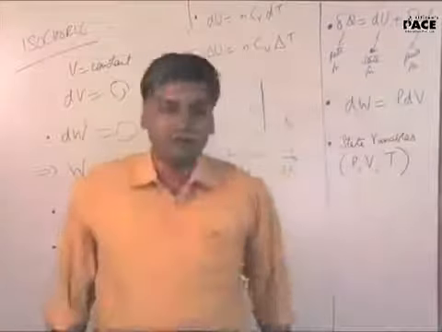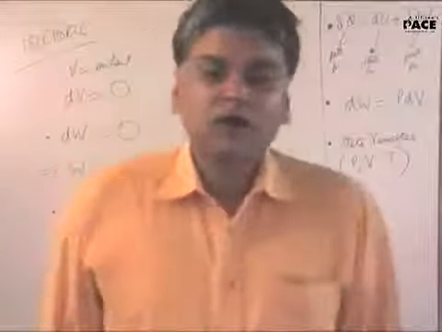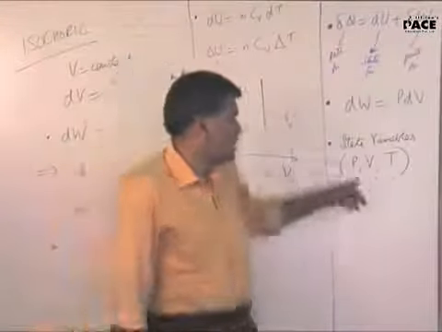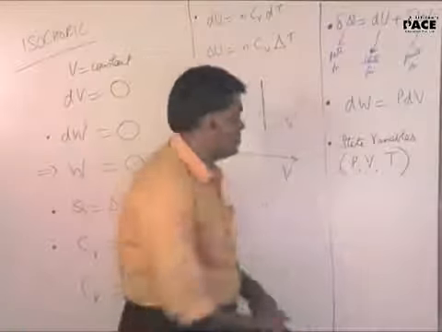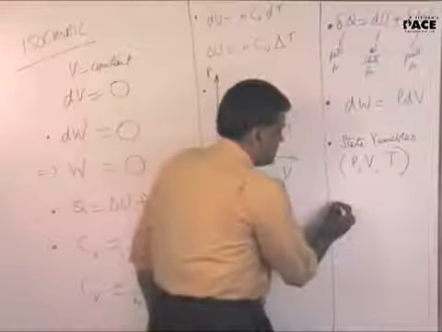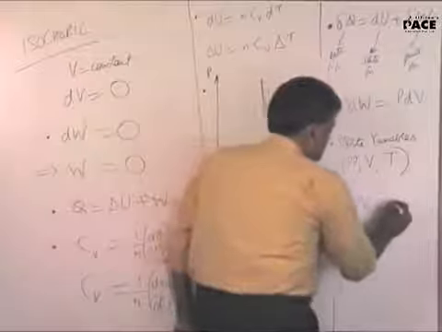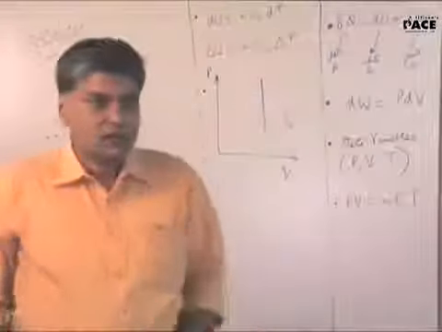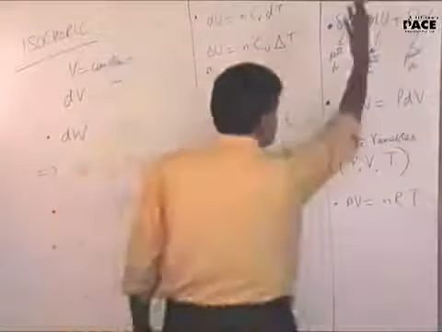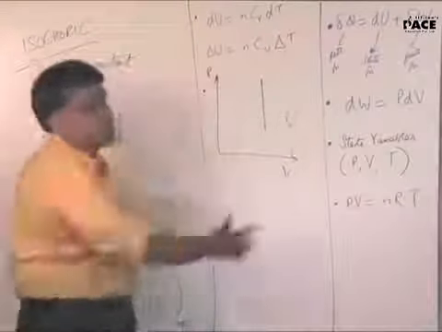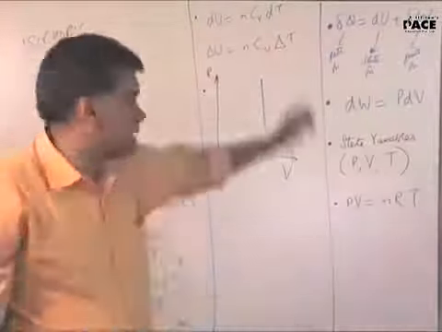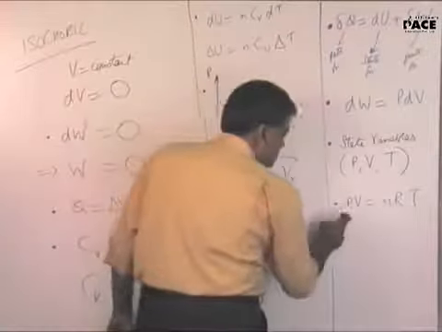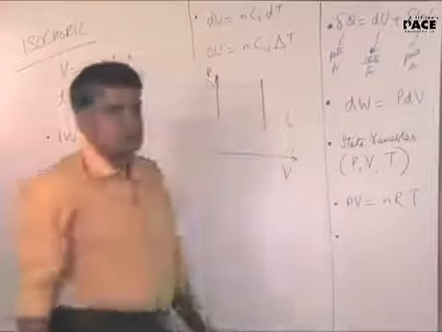That's all. Not even entropy. In chemistry, you might be doing it. We'll just deal with these three. And we know that here, two of them are independent, because if you know any two of them, we can always find the third one using the ideal gas equation. PV equals nRT. These are some of the supporting equations which help us to derive all these properties of various processes. So I'm putting them on the right column there. Also, can you give me what is the differential form of the ideal gas equation?